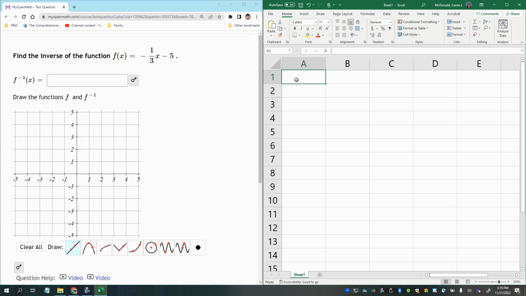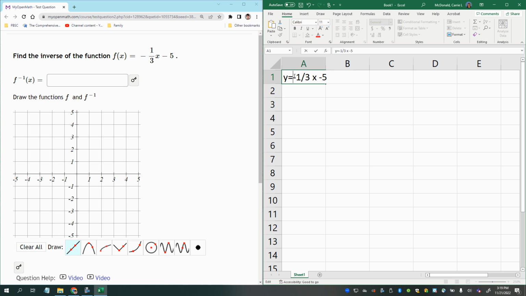All right, so for this question, we are given the function f right here, and we're asked to use it to find its inverse function and then graph both functions on the grid. So the first thing to do is to take the original function f and just rewrite it with y, like that.